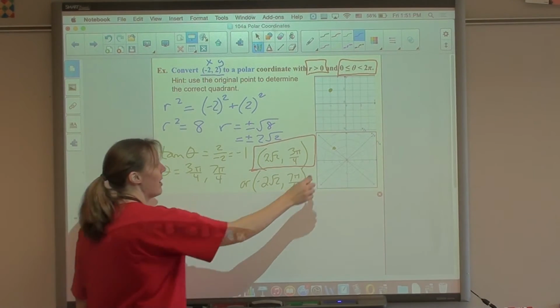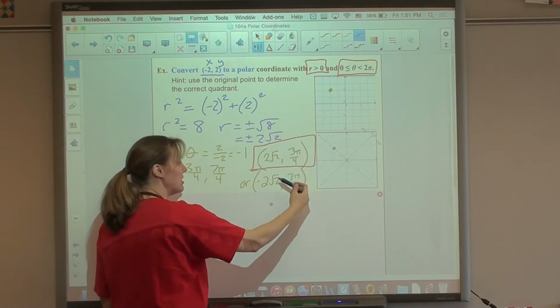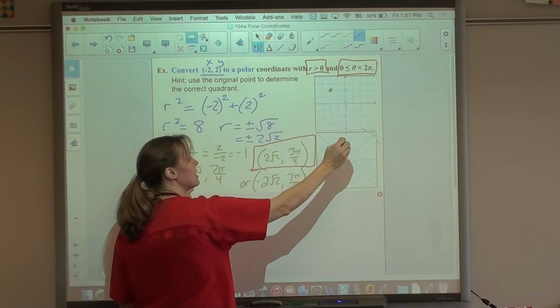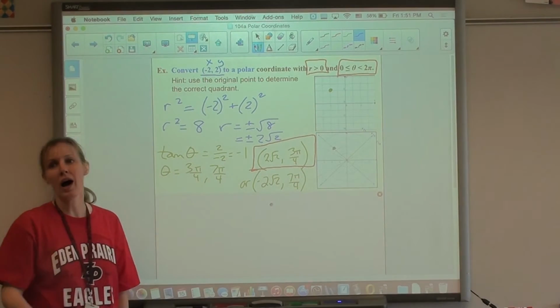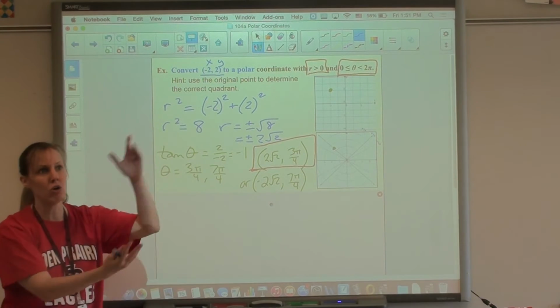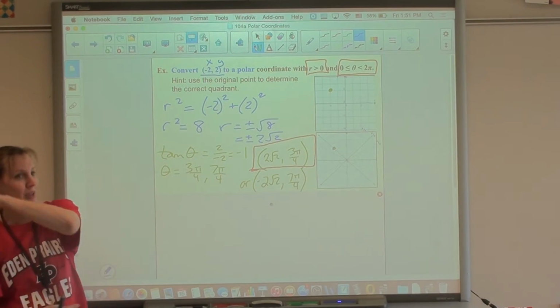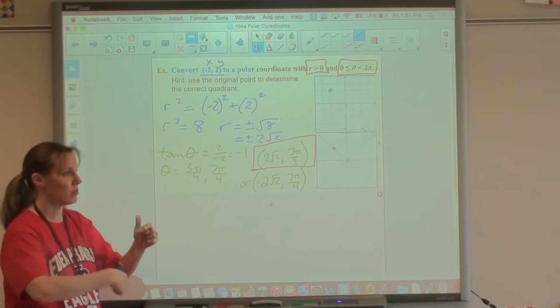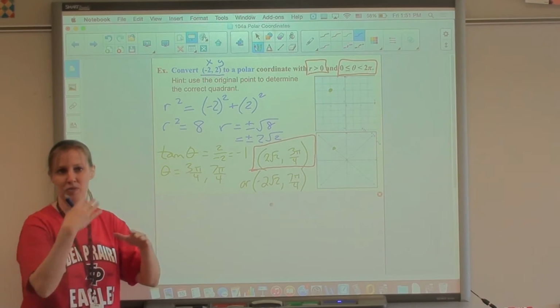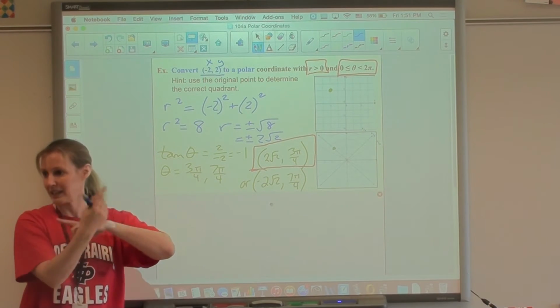We have a million different ordered pairs that would give us the same point, which is why polar graphs can cross over themselves over and over, because you can keep hitting the same point as you continue through your radians, from 0 to 2 pi to 4 pi. So they're all cyclic.